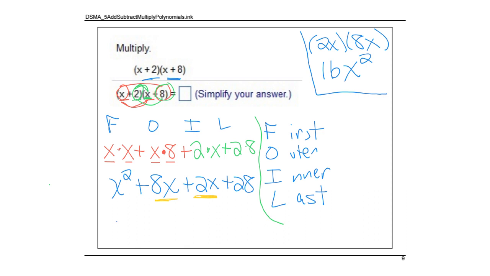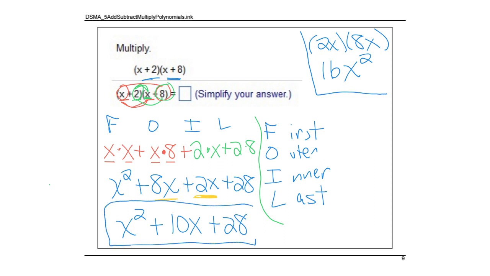So we would end up with x squared here. 8x plus 2x would give us 10x. And then finally the 28. So now it is simplified. We cannot combine any of those because we have an x squared, an x, and a 28. And so that is our answer. We have now multiplied those two. We actually call those binomials because there's two terms.